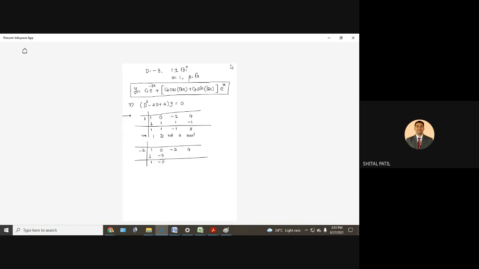Now it depends upon the trial and error method. -2 is a root. So we have a cubic equation converted into a quadratic like this.